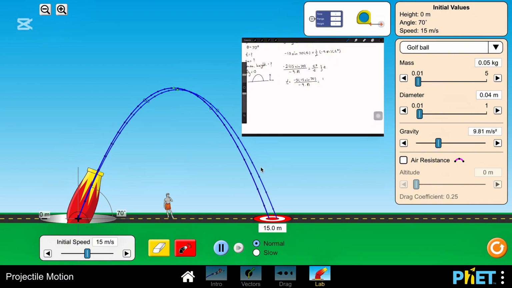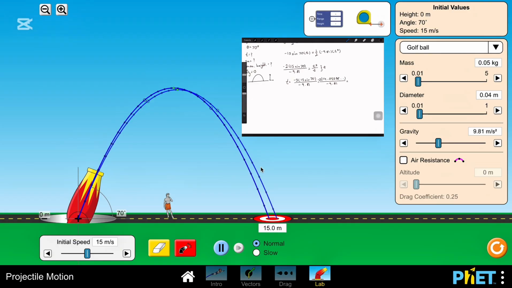So now we have 9.81. We're going to do this all together to save time. So it's times 2 divided by 9.81.